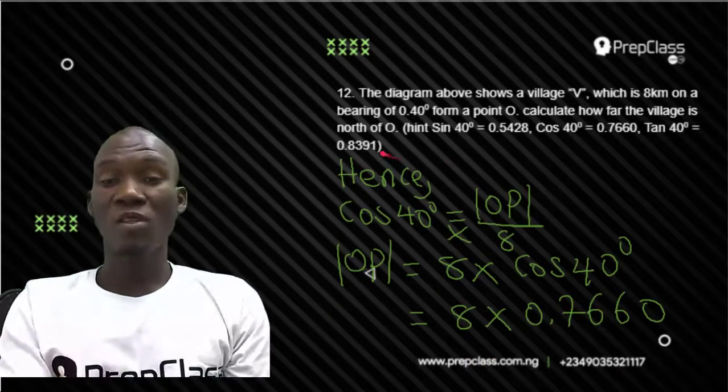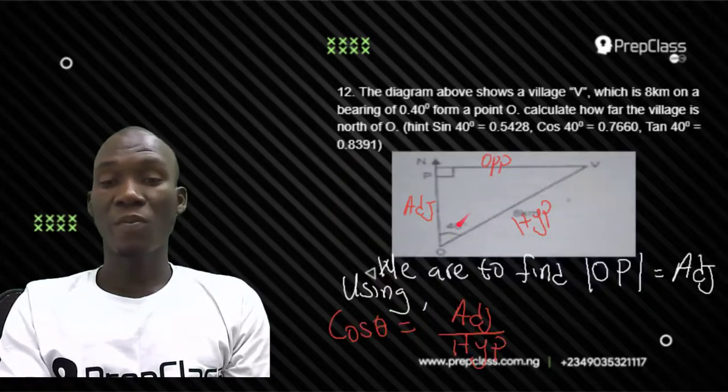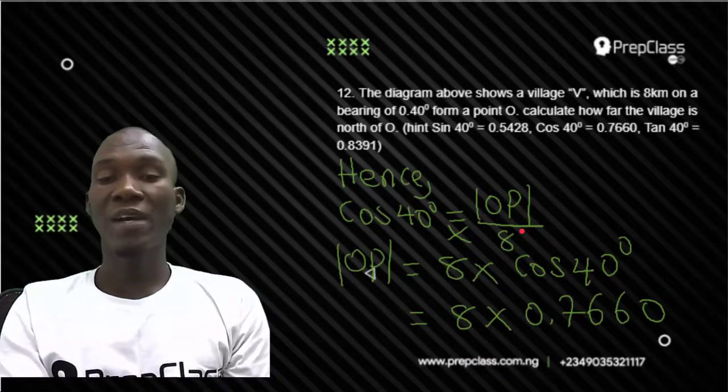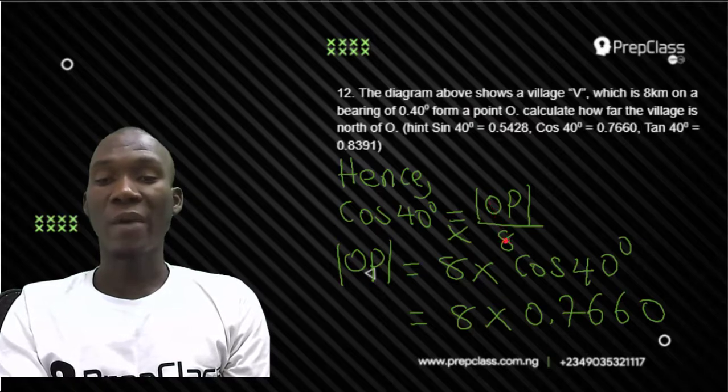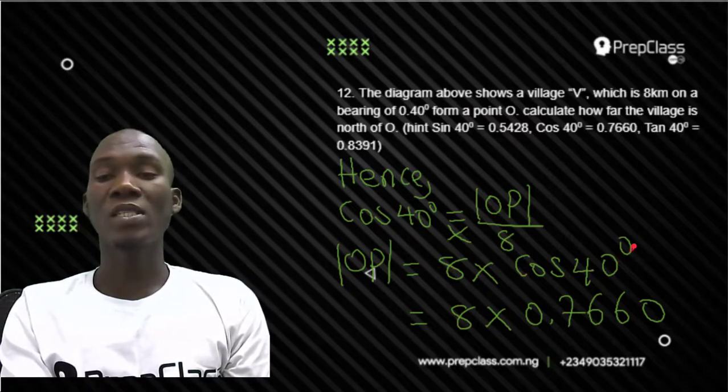Hence, we have cos 40 degrees equals to adjacent, that is the line OP. From here, we have OP to be the adjacent. So we have OP divided by the hypotenuse. The hypotenuse is 8, so we have divided by 8. So OP equals 8 multiplied by cos 40 degrees.